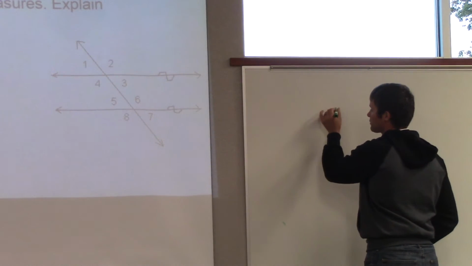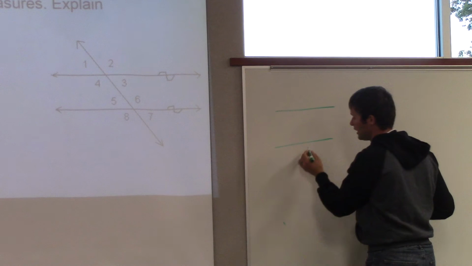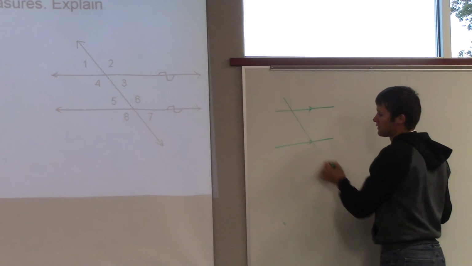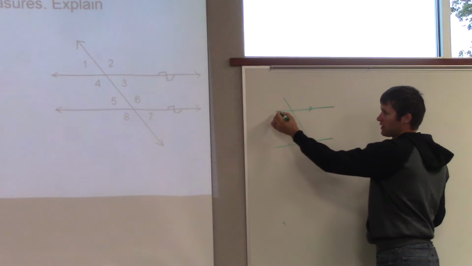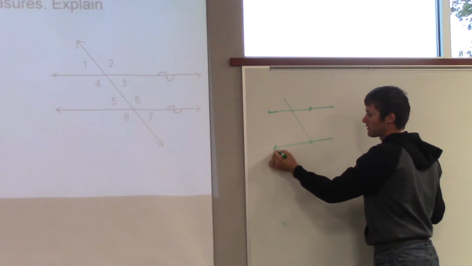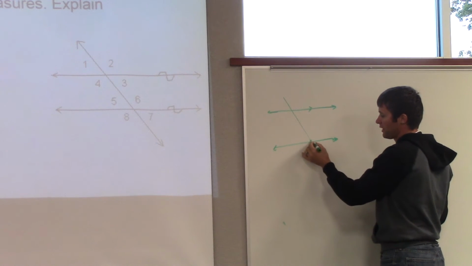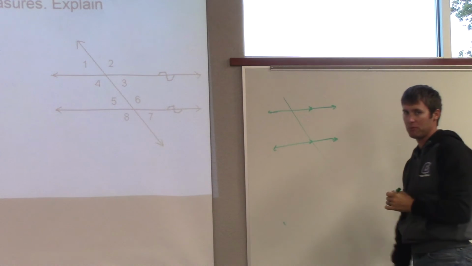That just means parallel. In your book, you're going to see arrow marks on the lines. If you see these markings, arrows in the middle of the line, that means they're parallel.